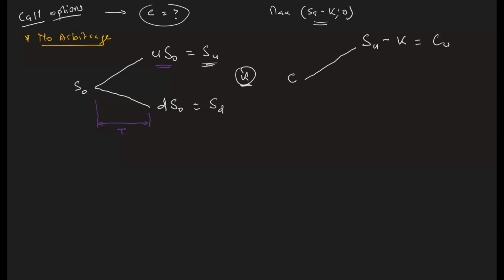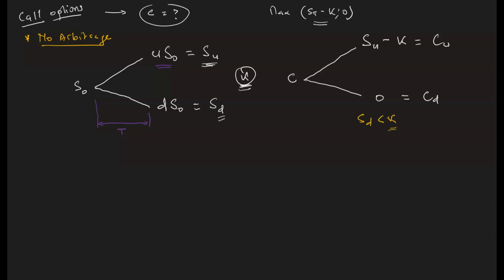And if the stock price decreases, that is, if stock down is below the strike price, the option is not going to be exercised, so that payoff is going to be equal to 0, and we're going to call that call down. That 0 is true because we are assuming that stock down is less than the strike price.